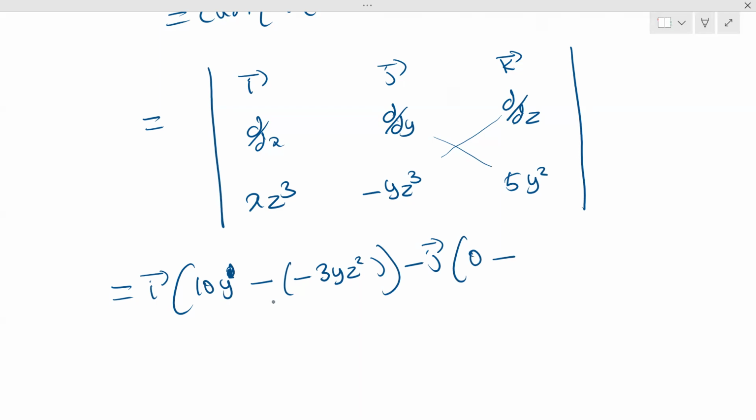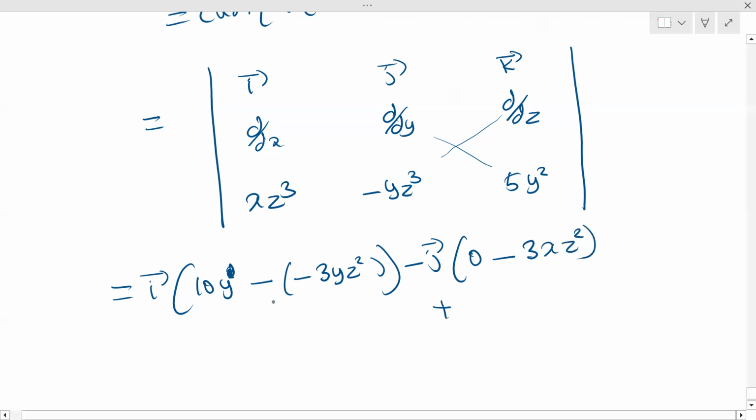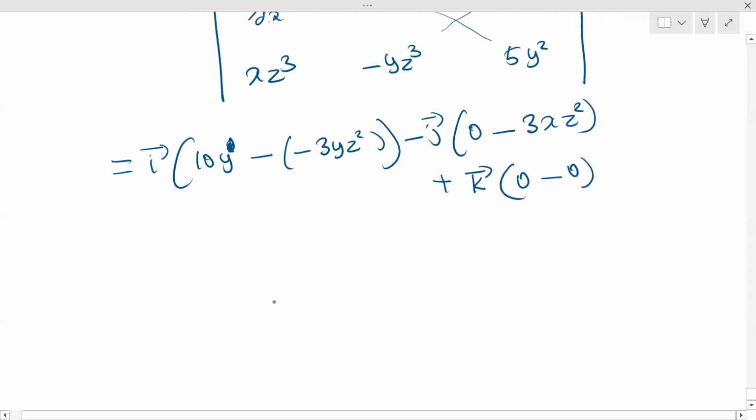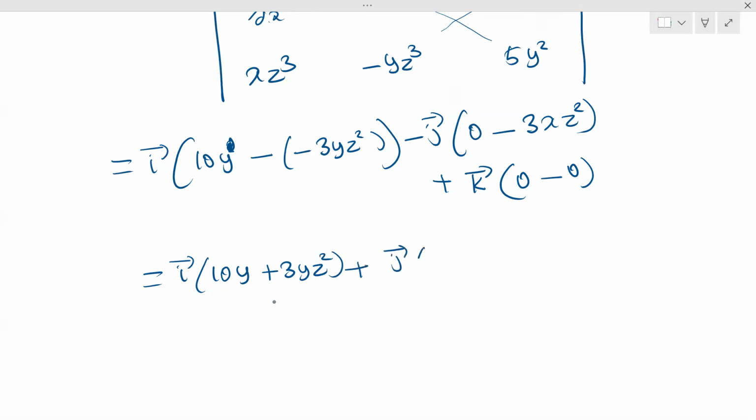Dou by dou z of this one is 3xz square, plus k vector into dou by dou x of this is 0. Dou by dou y of this one is also 0. So that is i vector into 10y plus 3yz square plus j vector into 3xz square.